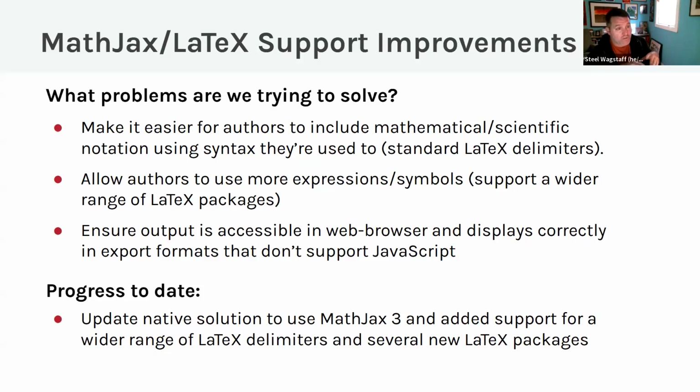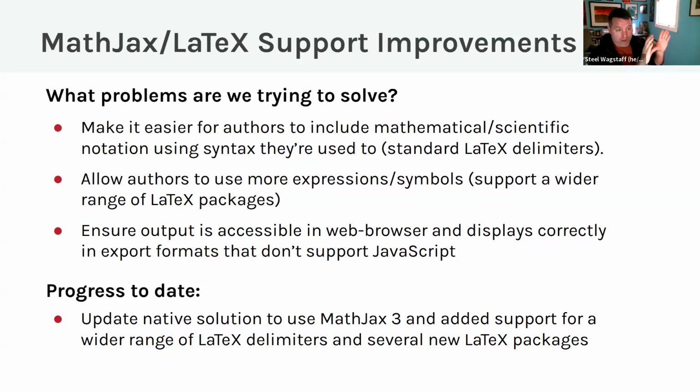We also want to make sure that we can support more types of expressions or more types of symbols. In LaTeX, sometimes these are called custom packages, which add a new range of symbols that aren't part of the standard configuration. And the big key thing is that we want to make sure that when you write with these expressions, the output is accessible on the web.